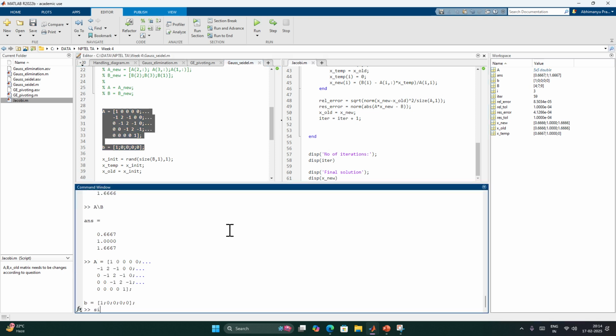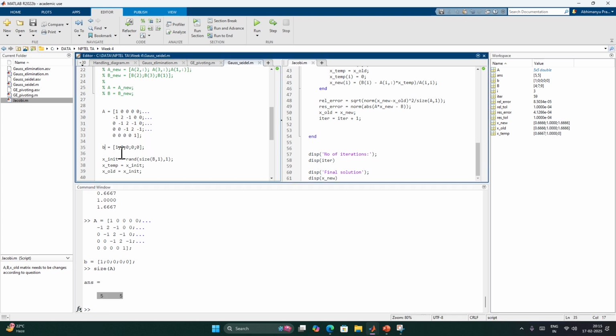It's a 5 cross 5 matrix, so we have 4 elements and 5 nodes, T1, T2, T3, T4, T5. And at node 0 we have boundary condition 1. At the last node, the fifth node, we have boundary condition 0.